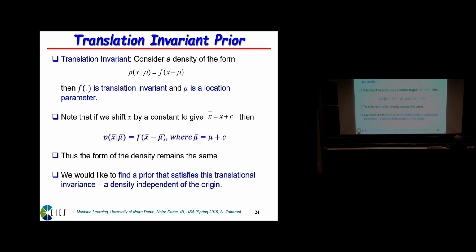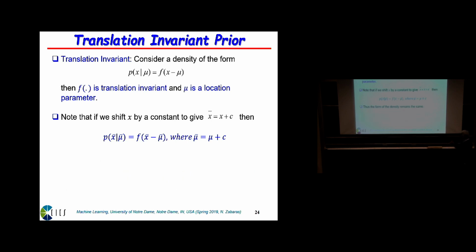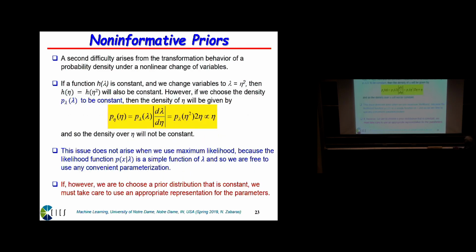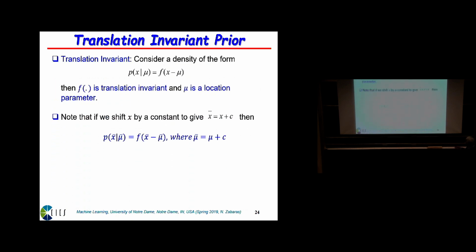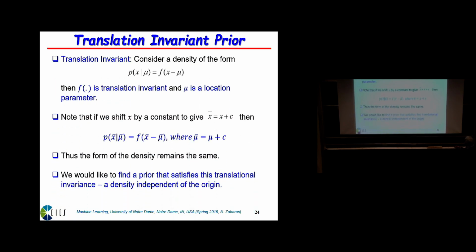How do you come up with this? Basically what you need to do is use this transformation, plug in the transformation of coordinates, and in half a line, you will find that this distribution looks like this. Okay? So we call this a translation invariant prior.